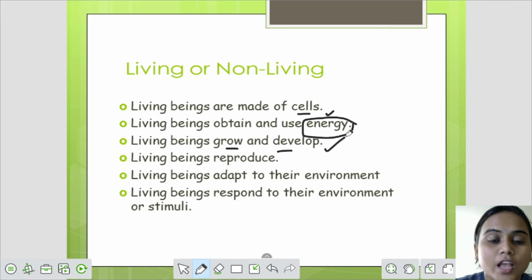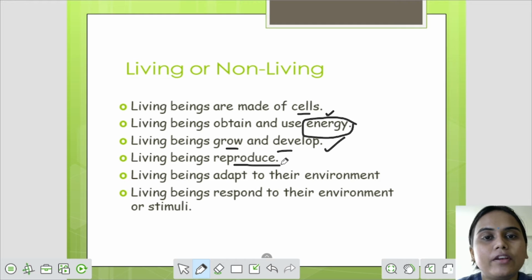True, right? In a similar way, if we plant a seed, it reproduces, making itself grow into a small sapling. This reproduction process is only applicable to living organisms. If something is not living, it cannot reproduce. If we place a chair, the chair cannot make another chair by itself. It is not possible because it is not living, right?